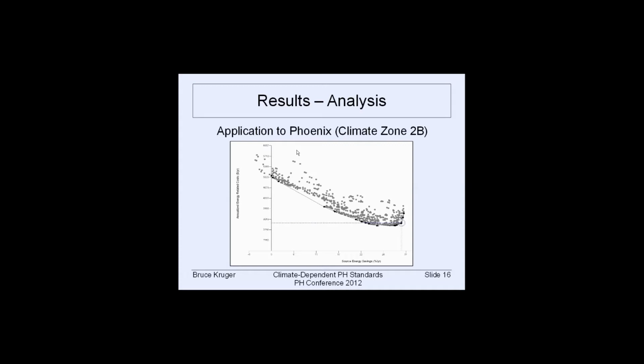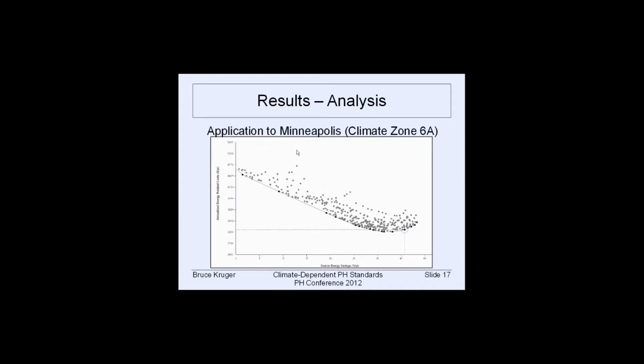That's because it's really hard to reduce cooling demand past a certain point. Adding super expensive windows, going to R60 walls, just has not that much of an impact on cooling demand the way it does on heating demand. Whereas in Minneapolis, it's a flatter curve. That tail end is flatter.